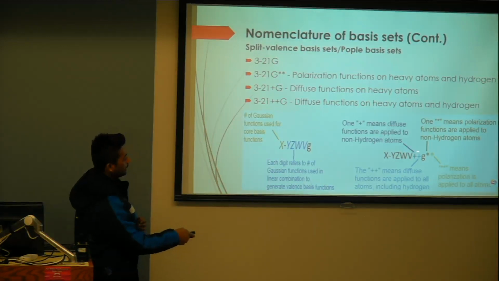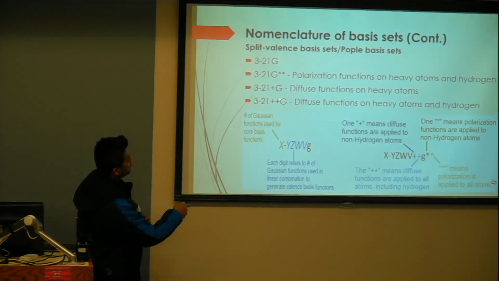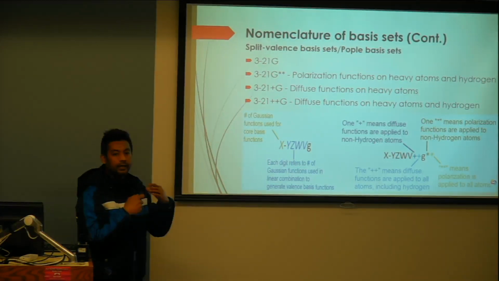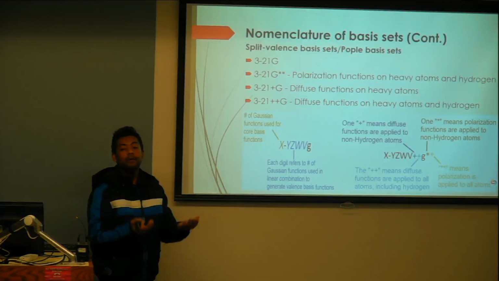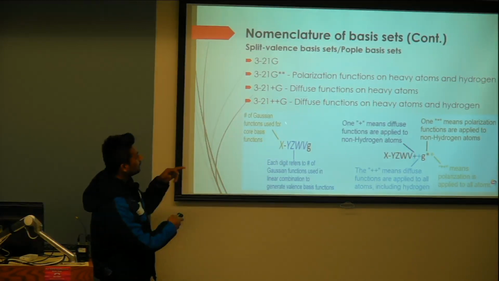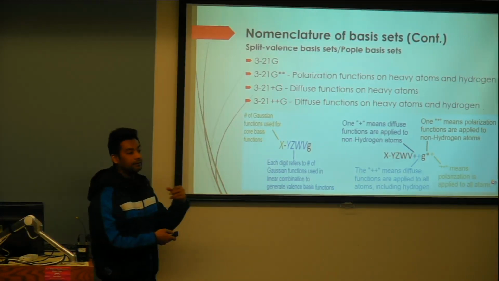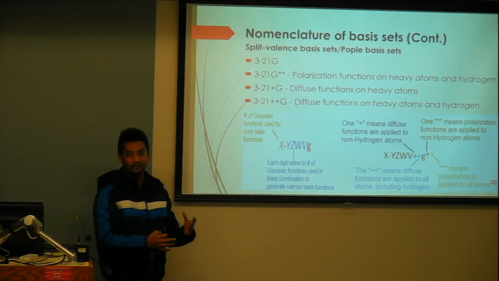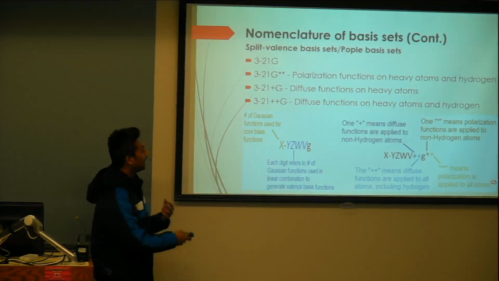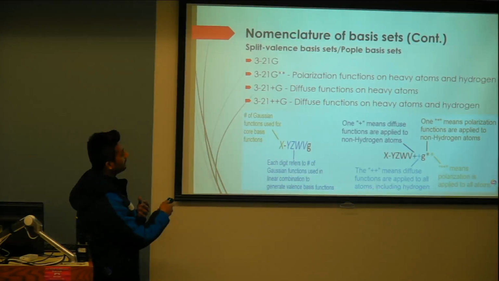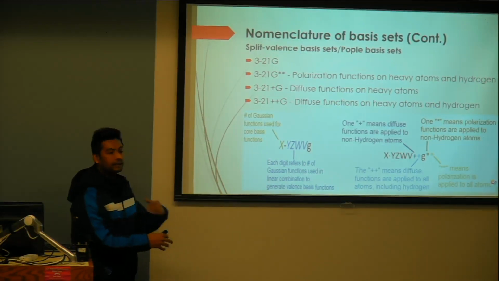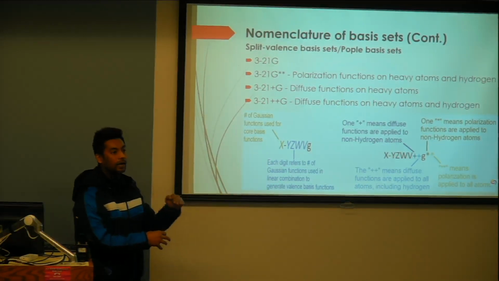If there is one plus, the diffuse function is used only for heavy atoms. If there is a double plus, the diffuse function is used for all atoms, including hydrogen, because hydrogen is the lightest atom. If there is a star, it is used for heavy atoms; if double star, for all atoms.